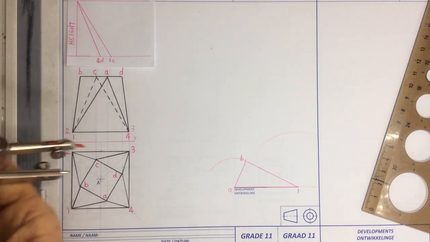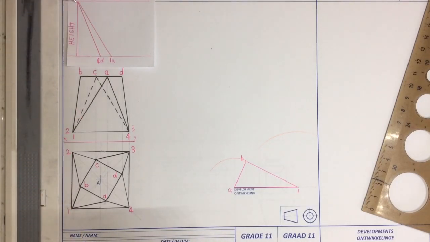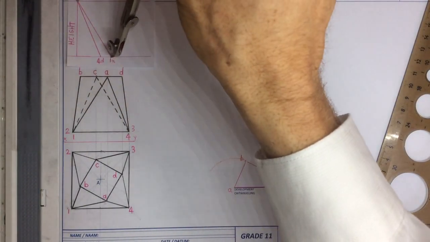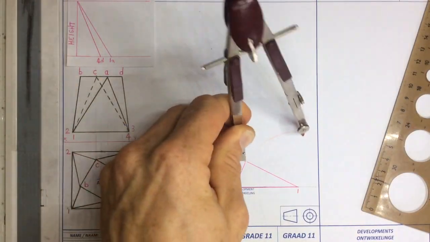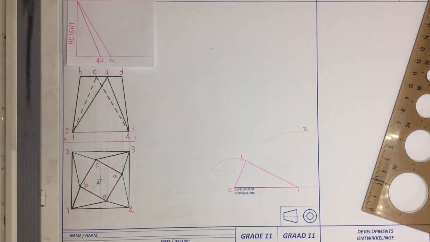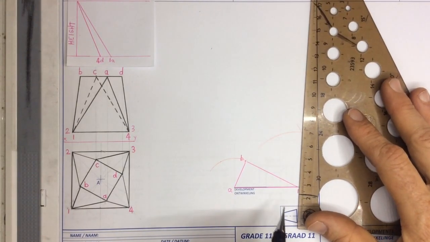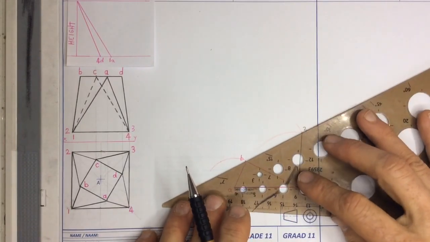I must go to my graph, place it down over there, and you'll see that that true length distance would be that distance over there. I can come along over here, go to B, and I arc off over there, and that will get me point 2. Once I've got that, I can draw in those lines, 1 to 2, and 2 to B.